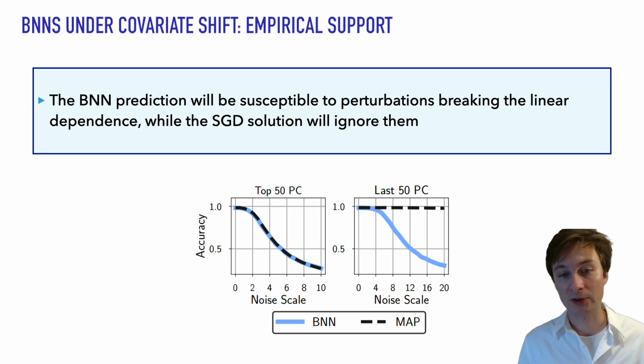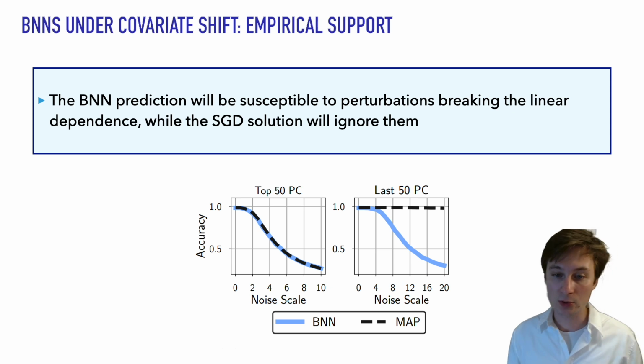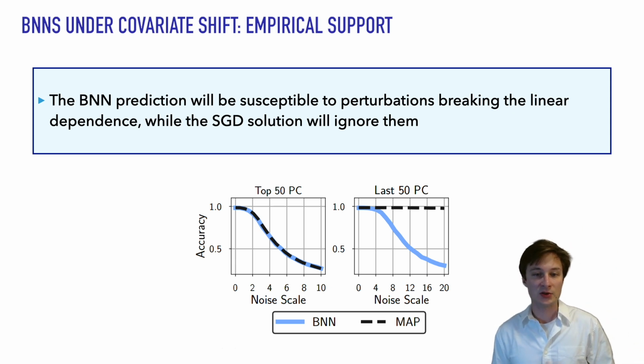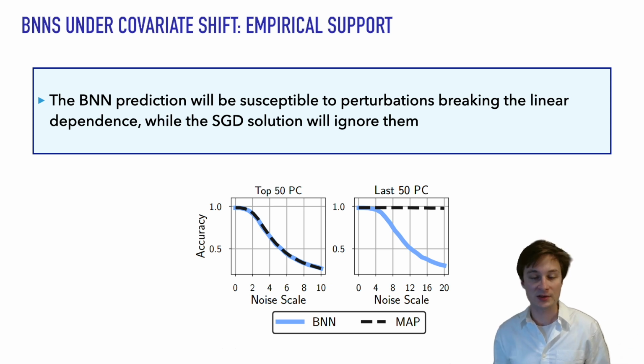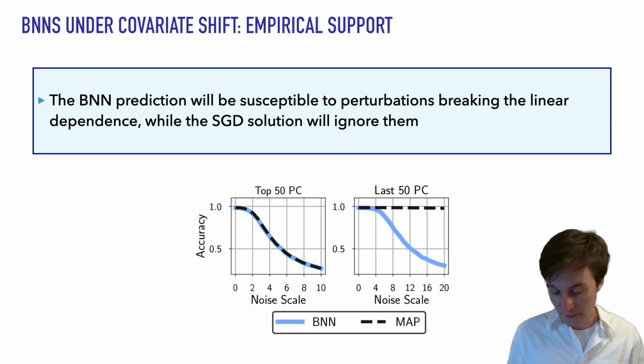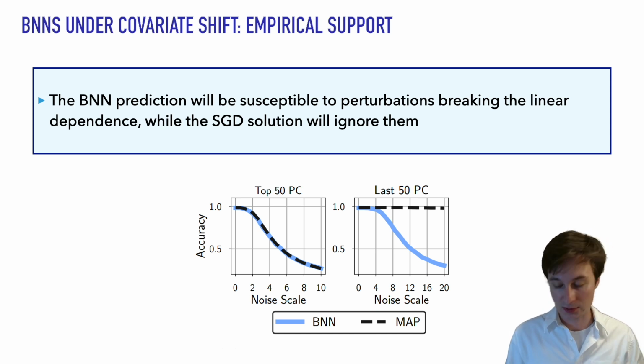But when we perturb it along the last 50 PCA directions, so the directions where the data is almost constant, then SGD performance is flat, the model doesn't notice that we perturb the data. But for the Bayesian neural network, the performance drops a lot, and we see this huge difference in robustness.